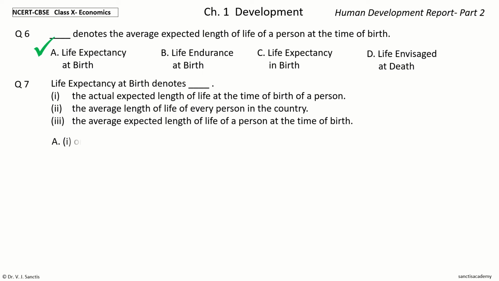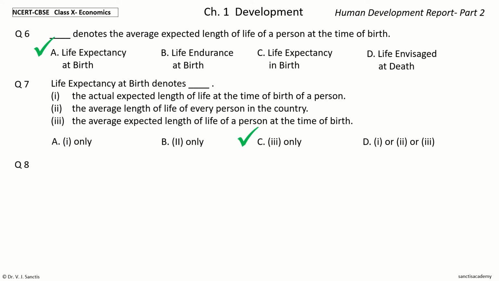The options are number 1 only, number 2 only, number 3 only, number 1 or number 2 or number 3. Your time to choose. And the answer is number 3 only. So, life expectancy at birth denotes the average expected length of life of a person at the time of birth.